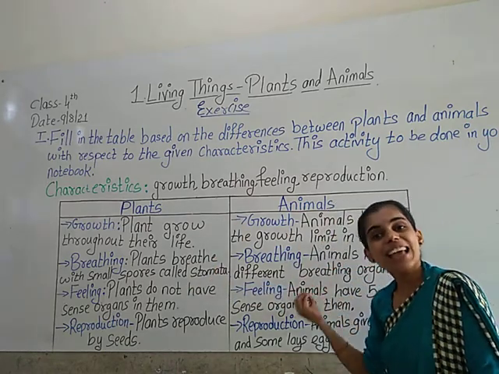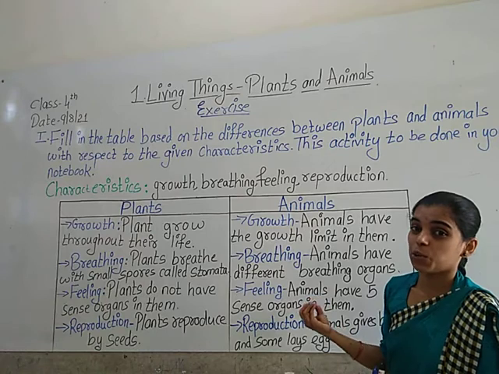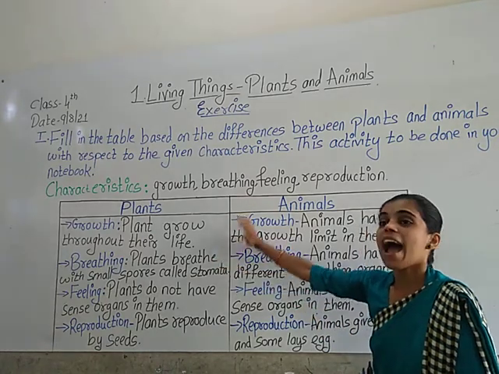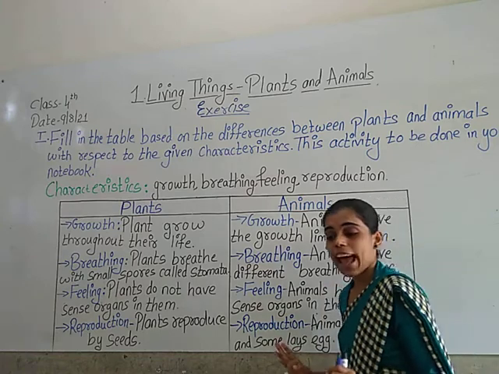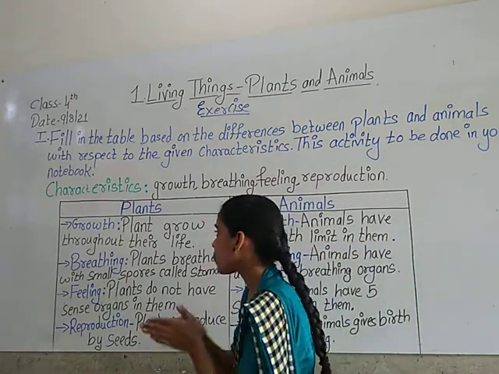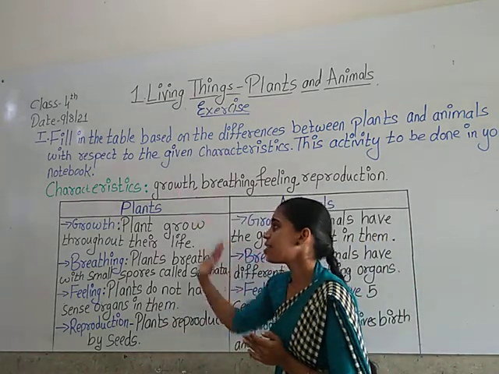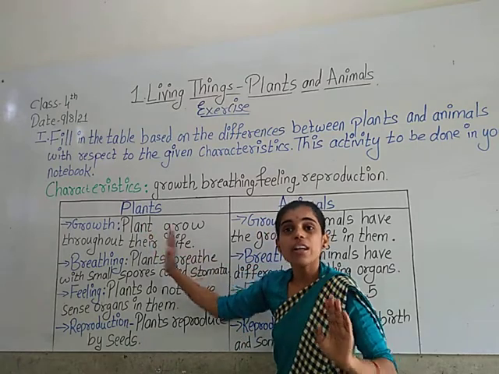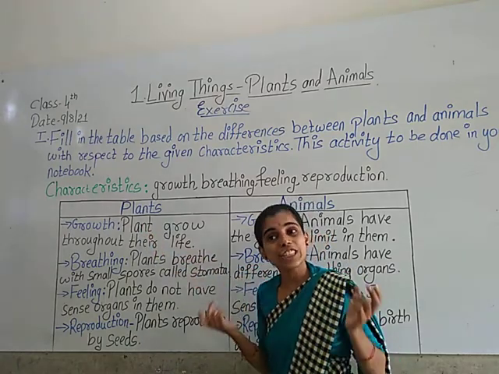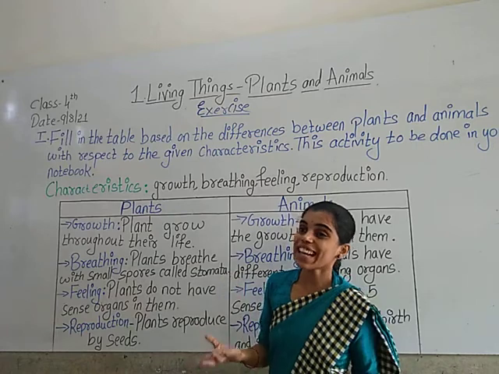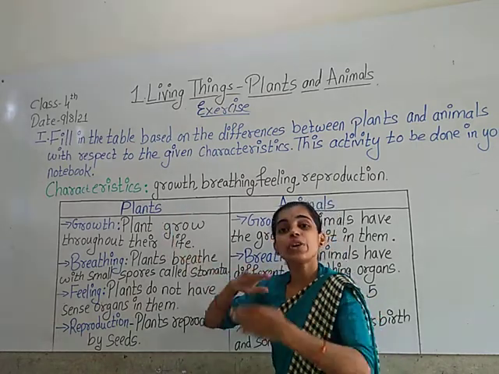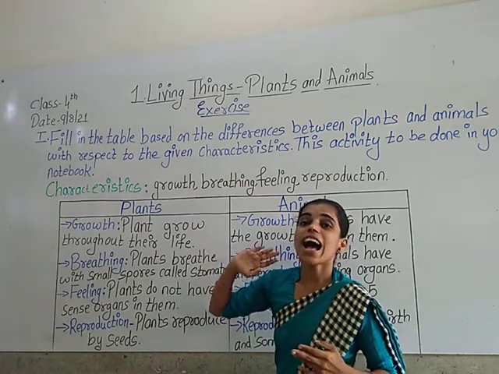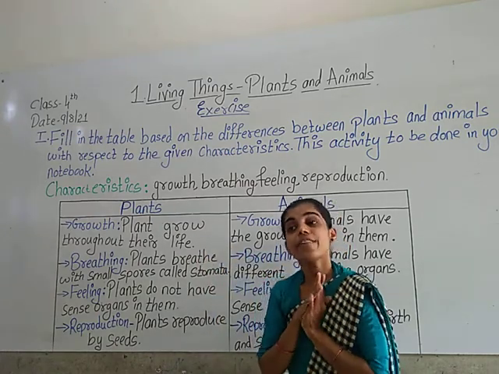But there is a difference between plants and animals. Let me repeat it one more time. Listen carefully. In plants, growth has no age limit. It grows throughout the life of plants and trees.